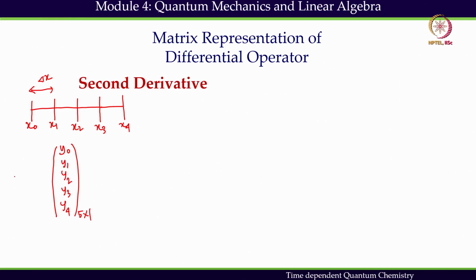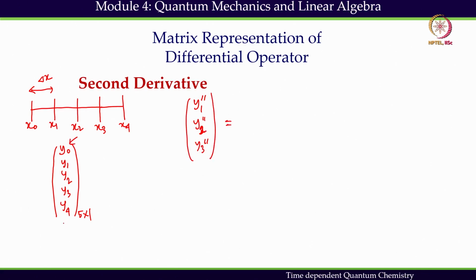If that's the way the function is represented, then the question is, how do I represent the derivative at each point? According to the previous discussion, I'll get the derivative at only 3 different points, y1, y2 and y3.